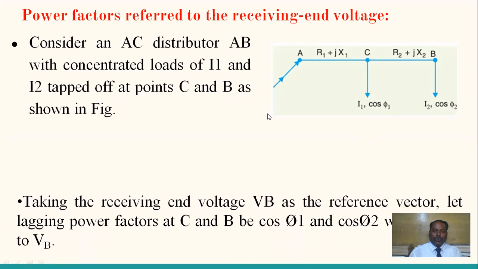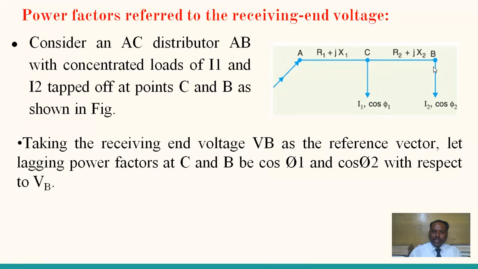Now, taking the receiving end voltage VB as the reference vector, let the lagging power factors at C and B be cos phi 1 and cos phi 2 with respect to the receiving end voltage VB.